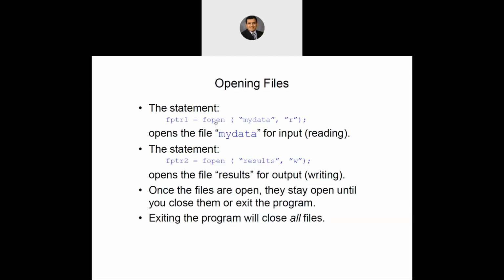When we open our file, we use the fopen function, and we tell it whether I am opening my file in the read mode, or in the write mode. You have to tell that, so the compiler knows what you're trying to do. Okay? R means there's going to be input happening, reading happening. W means there's going to be output happening, or you're going to write to a file.